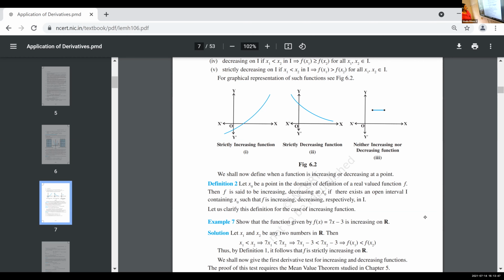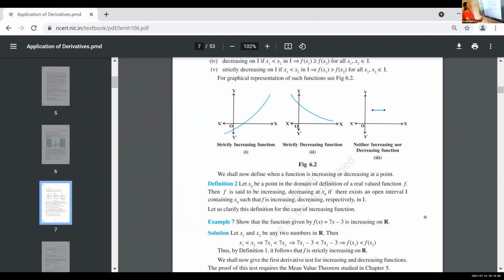Ma'am, there is a doubt. Like they have given us 5 equations, right? In the second one and the fourth one, they are telling about decreasing.